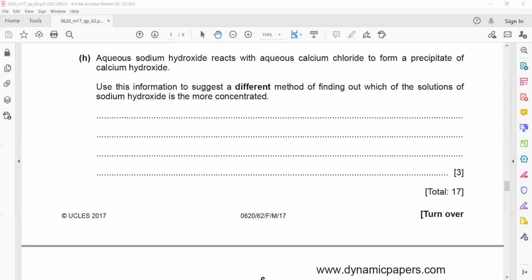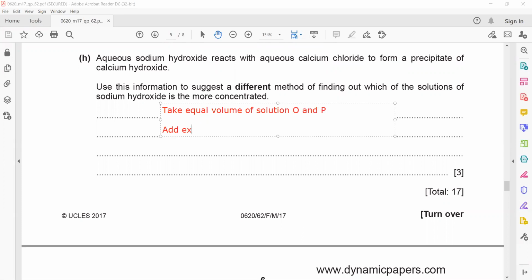Precipitate formation is practically difficult to work out the rate of, so you can add excess calcium chloride, or add an equal amount.